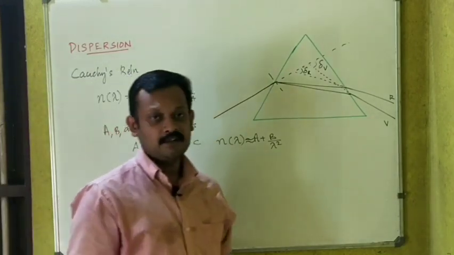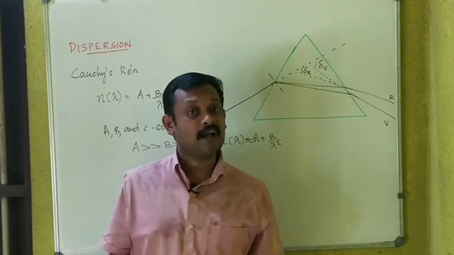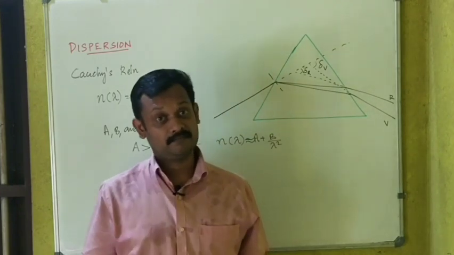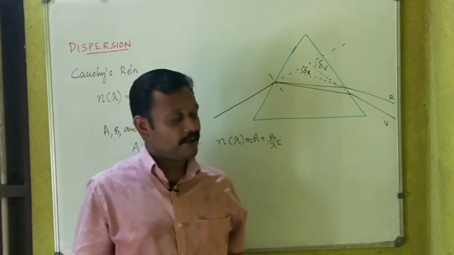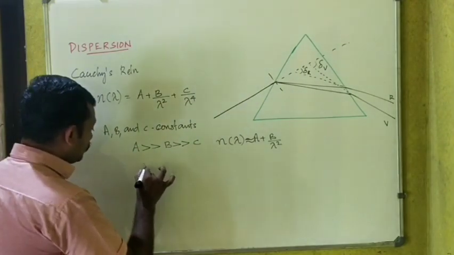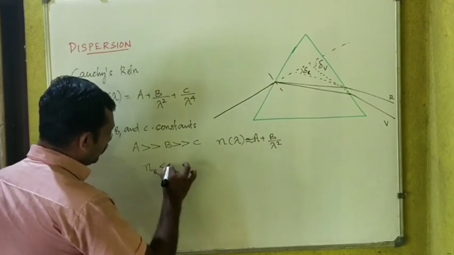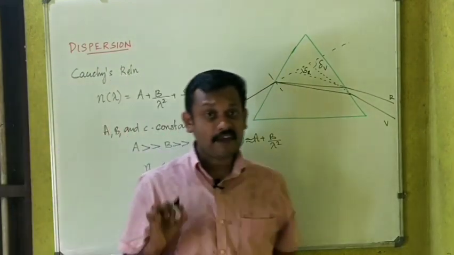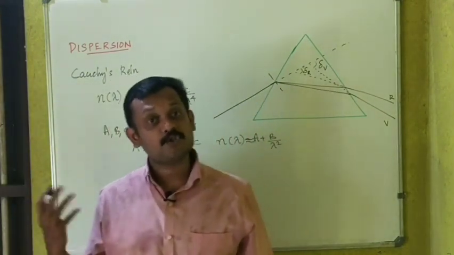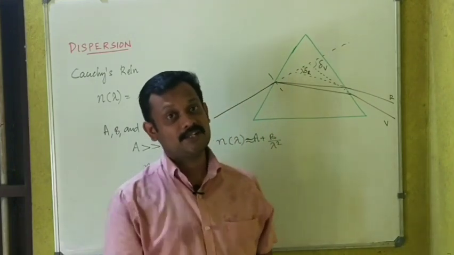Now the question, which element of the visible light has the maximum wavelength? It is red. Red has the maximum wavelength, so the refractive index of red will be less than the refractive index of violet, because maximum wavelength in the visible spectrum corresponds to red and minimum wavelength corresponds to violet.